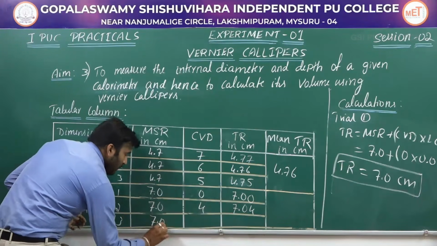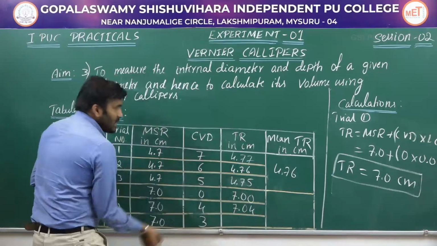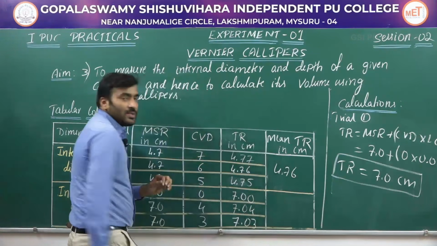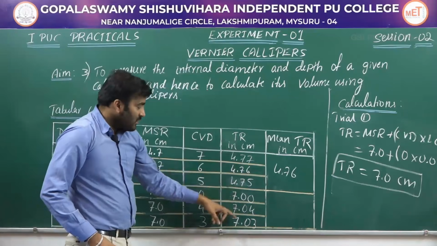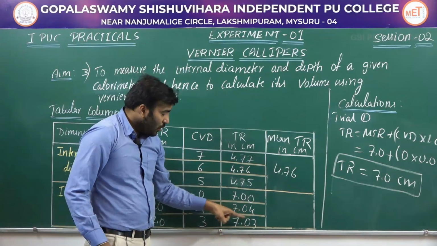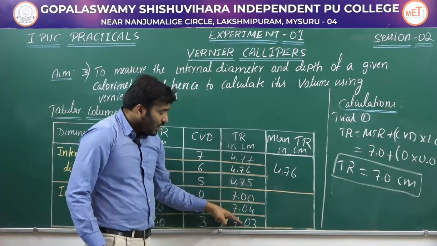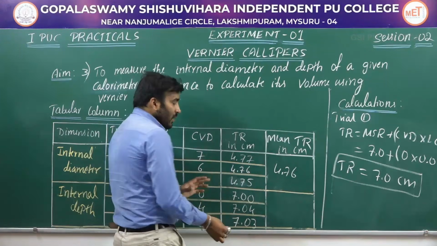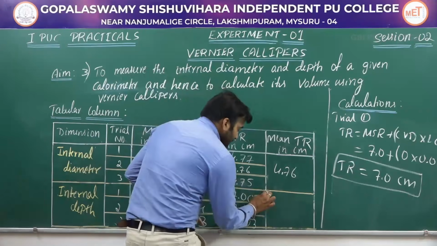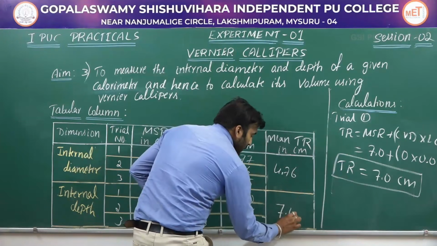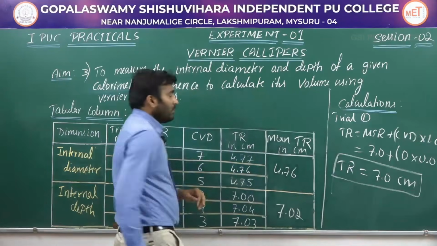The total reading will be 7.03. So let us take the average: 7.00 plus 7.04 plus 7.03 whole divided by 3. You will get 7.023, and expressed in appropriate significant figures, you will get 7.02 centimeter.